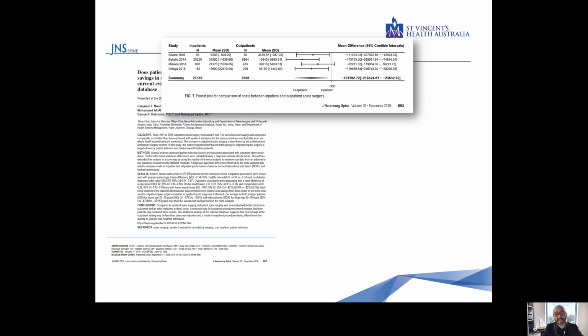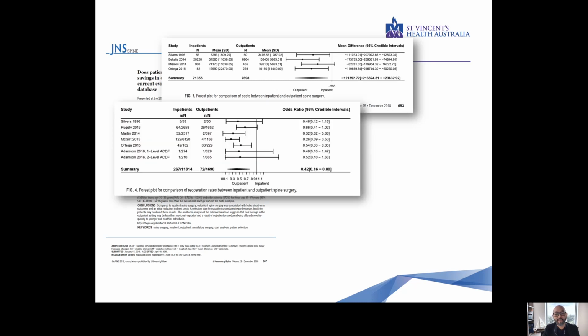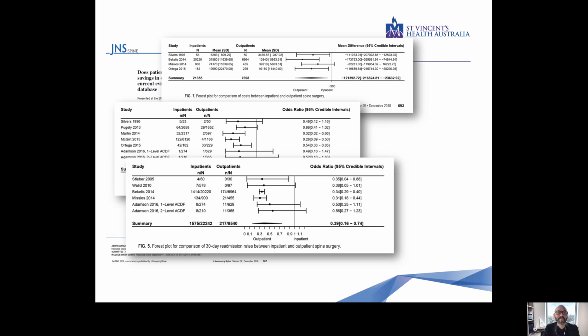They found that if you compare inpatients and outpatients, number one, it confirmed that in this case, spine surgery, there's less cost for outpatients when you do spinal surgery as outpatients. And there are reduced reoperation rates if you do it as an outpatient, and there is a reduction in readmission rates as well. So is it the setting?